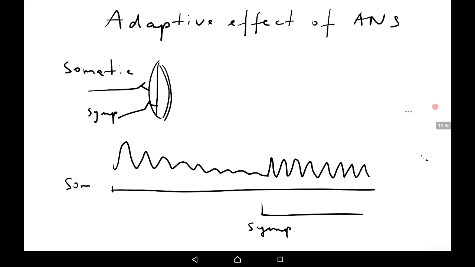So it was proved that the sympathetic nervous system increases the potential ability of a muscle to work harder in order to get an increased adaptive response to a stressful situation.